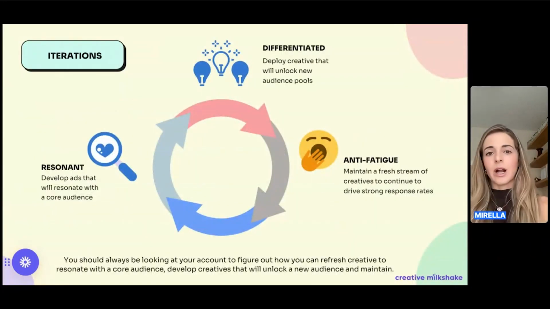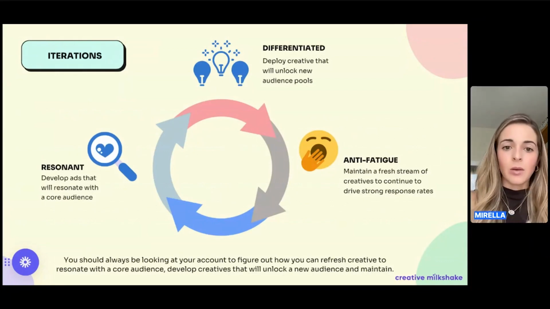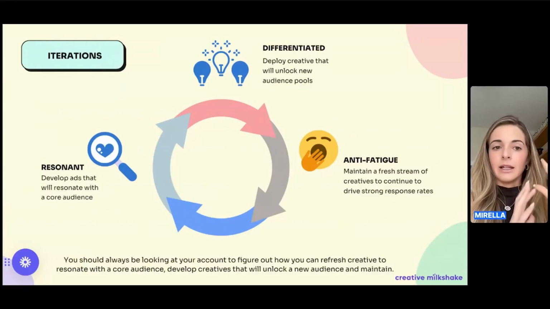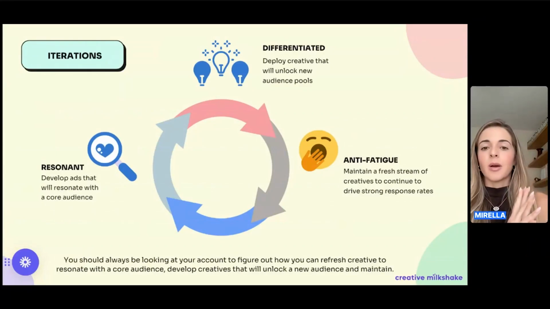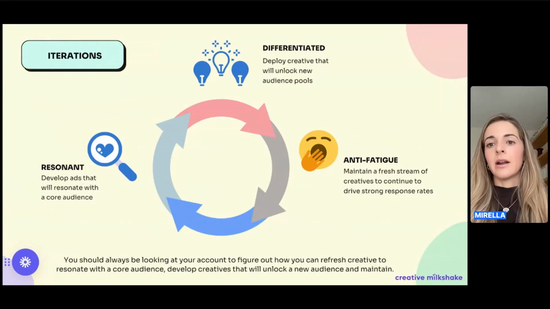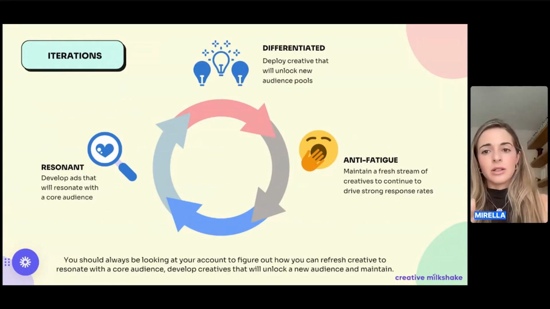So this should be your strategy for iterations. You want to be creating a continual cycle of ads that resonate with the core audience you have found as your winning audience, but you also want to make differentiated ads and constantly deploy creative that will allow you to unlock new audiences and maintain a fresh stream of creatives to continue to get strong response rates.